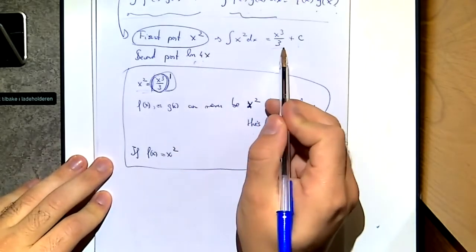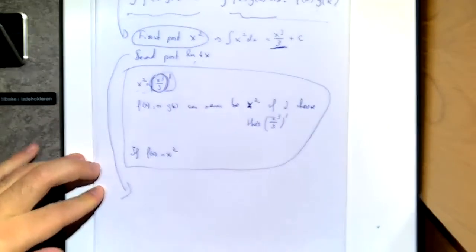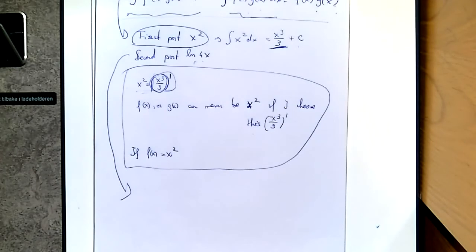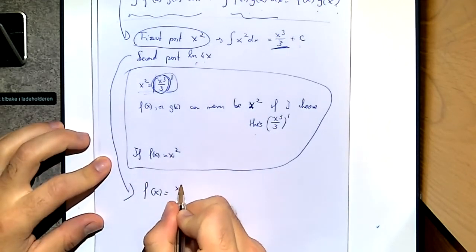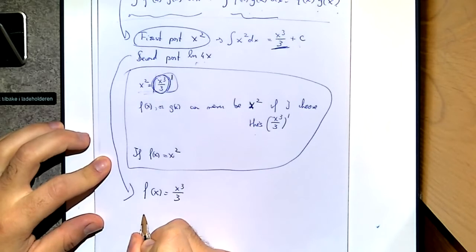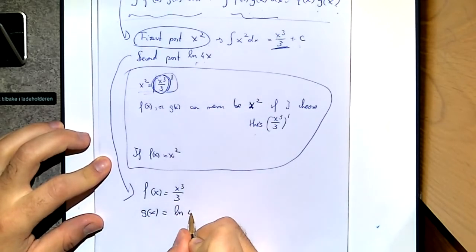It's this thing. At this point, once you have a little practice, it becomes automatic to say, okay, my f of x is x to the third, and my g of x is the thing I did not compute the antiderivative of.